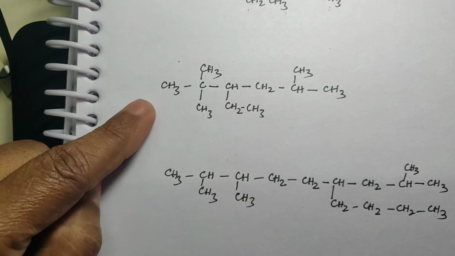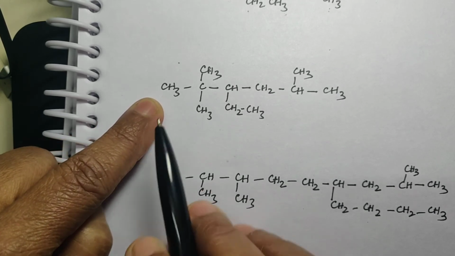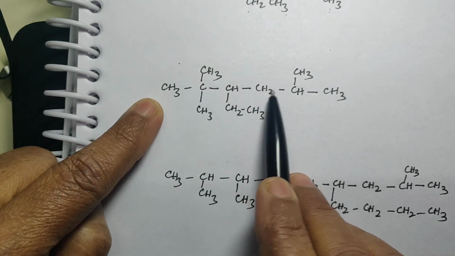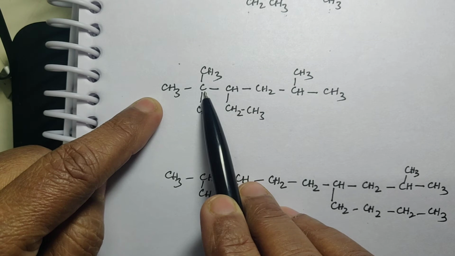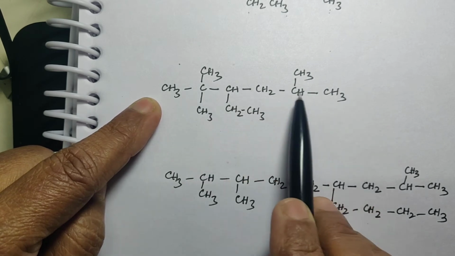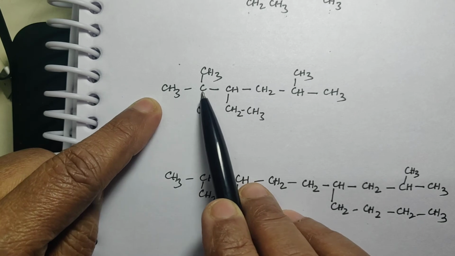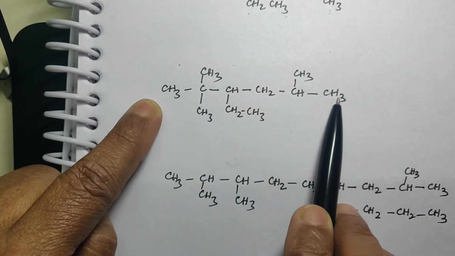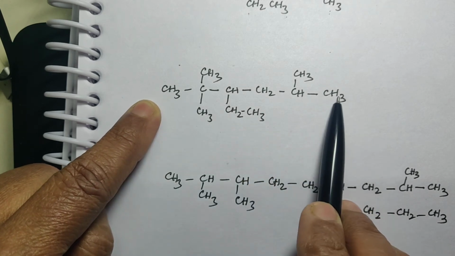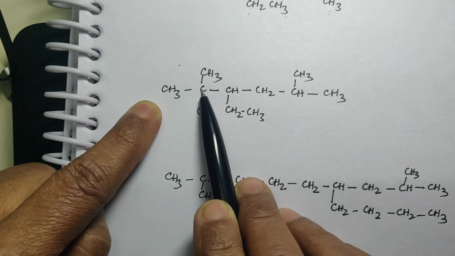Come to the next one. Now here, 1, 2, 3, 4, 5, 6. Now again here also, you start the branching at the second position, and from here also you start the branching at the second position. But then there is more frequent branching when you go from left to right than from right to left. From here you have the second position, then the fourth, and then the fifth.